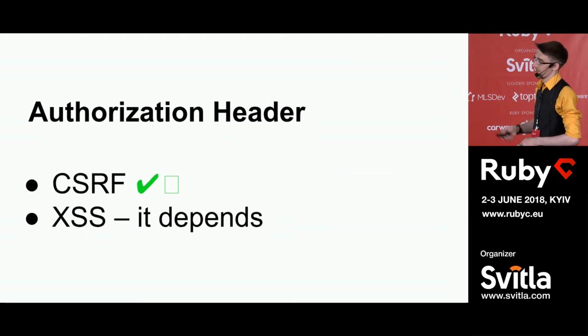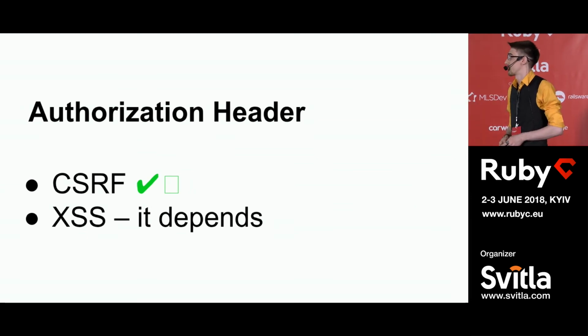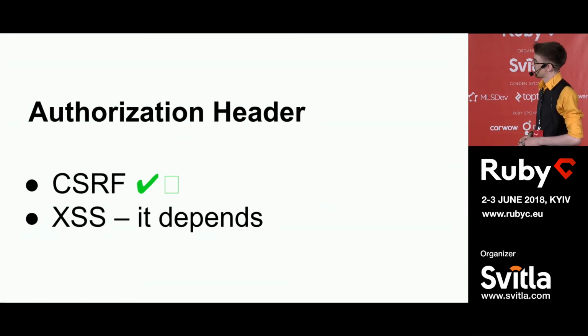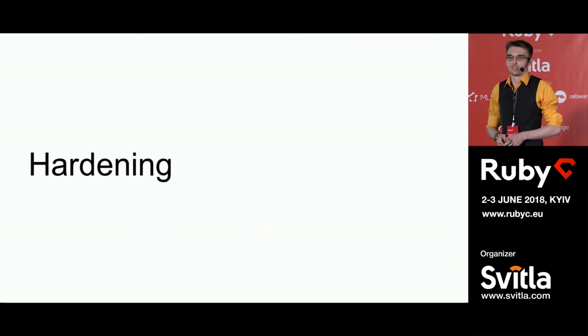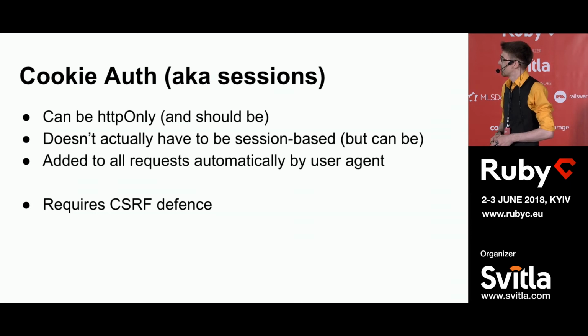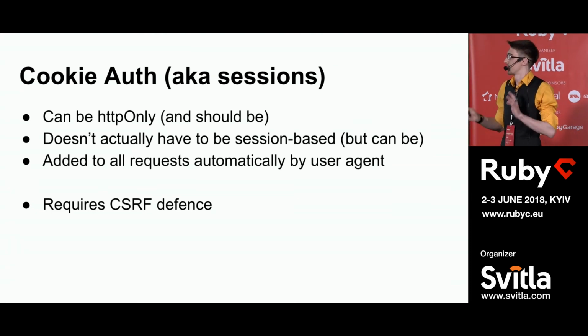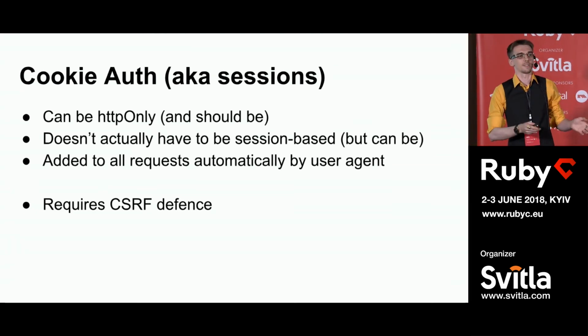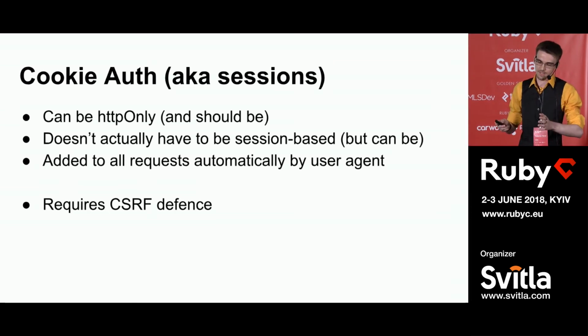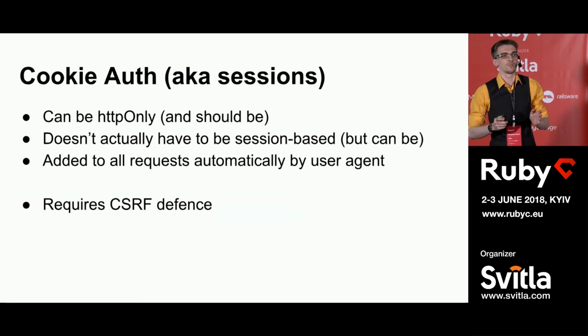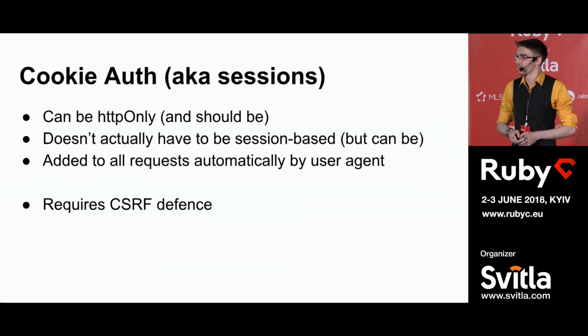So when we use an authorization header, we're completely fine with CSRF, but it depends if we are fine with XSS. So let's try to make it more secure with cookies, because, from what I said at the beginning about the difference between mobile clients and web clients, mobile clients often have some secure storage for tokens.